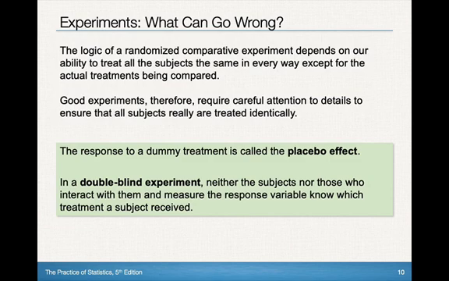Blinding is something you can use to help a study not go wrong. Blinding is when the subjects don't know which treatment they're being given, and double blinding is when you hide from the people in the lab what medicine they're giving to the subjects, as well as the subjects not knowing. So blinding or double blinding we use to keep experiments from going wrong, because we want people's responses to treatment to be natural, especially if it has anything to do with psychology.